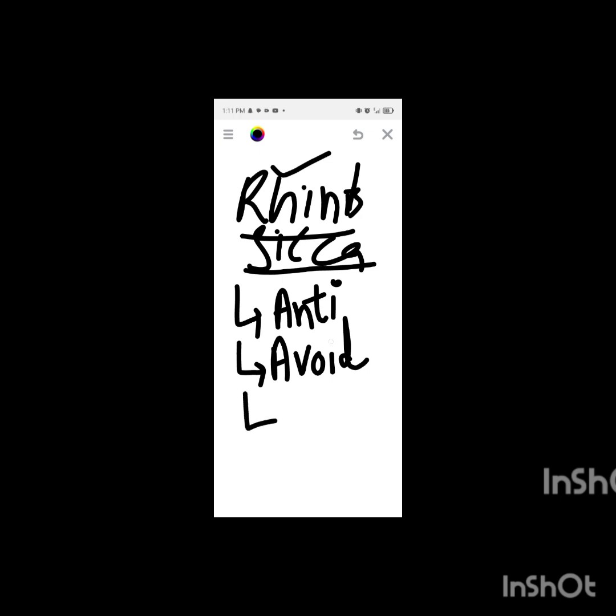And again, nasal irrigation. So this is the treatment of rhinitis sicca. We have discussed its causes, the hot and dusty environment; its pathology, squamous metaplasia; and treatment: antibiotics, avoidance of the factors, and nasal irrigation.